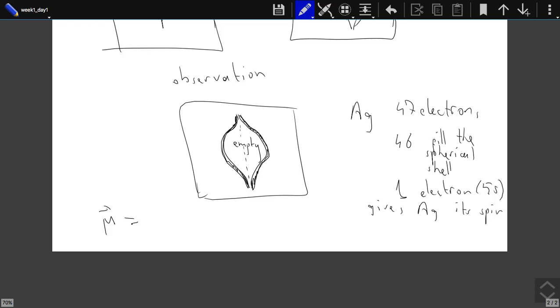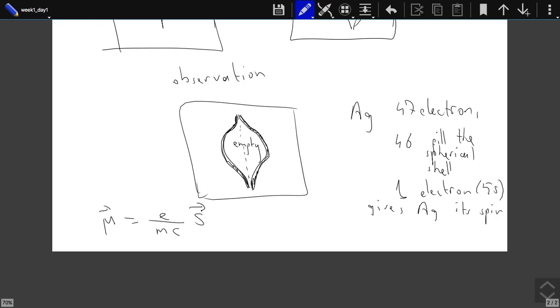The main reason is that the magnetic dipole moment of an electron just turns out to be e/mc times s. This is the magnetic dipole moment of an electron. Well, you see the 1 over the mass. The electron is light compared to the protons and the neutrons in the nuclei.